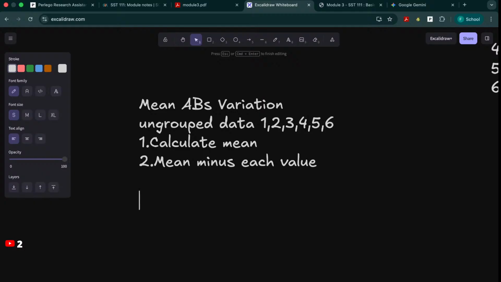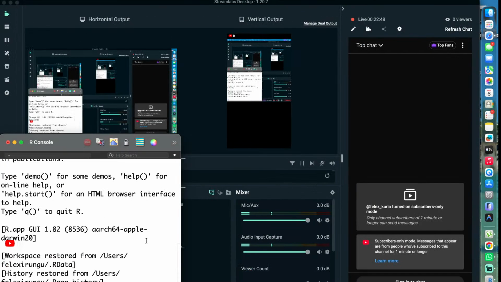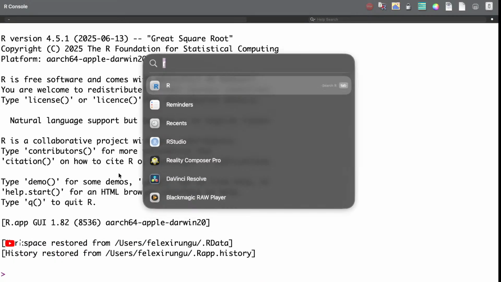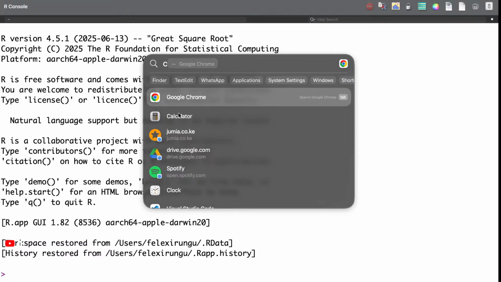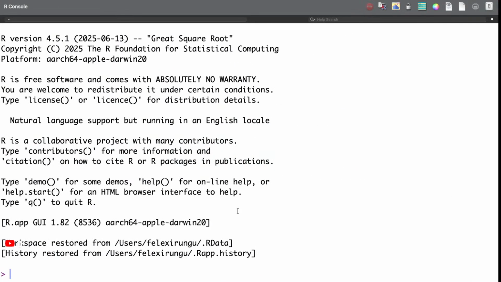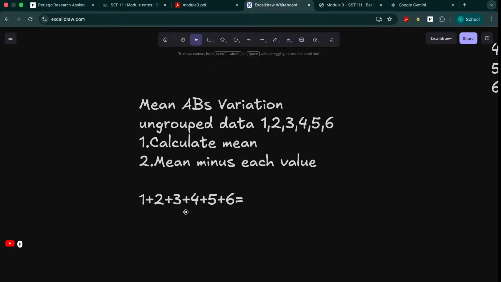So let's calculate the mean for this data. To calculate the mean, we just add the observations: 1 plus 3 plus 4 plus 5 plus 6, 21, divided by how many numbers? 1 2 3 4 5 6.